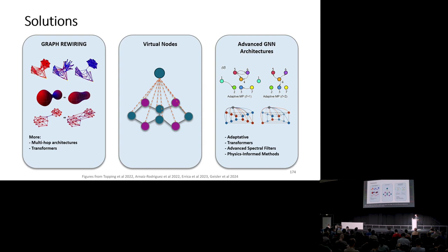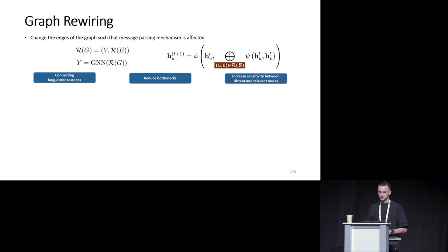And of course, a lot of solutions have been proposed here. I will go faster. I will just mention some of them, but I invite you to go through the presentation. The first one is graph rewiring. Graph rewiring literally means changing the edges of the graph and then performing the message passing function on this new set of edges, with the idea of connecting long-distance nodes, reducing the bottlenecks, and increasing the sensitivity.